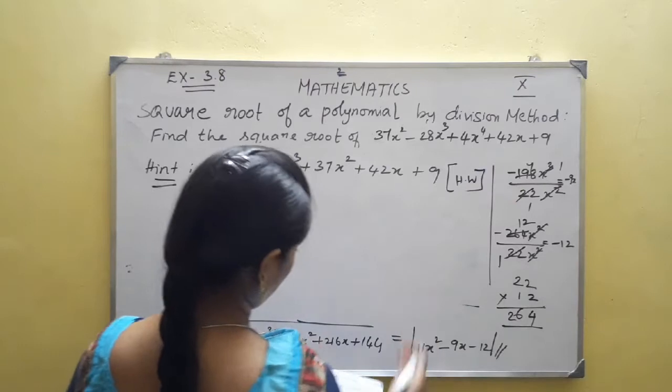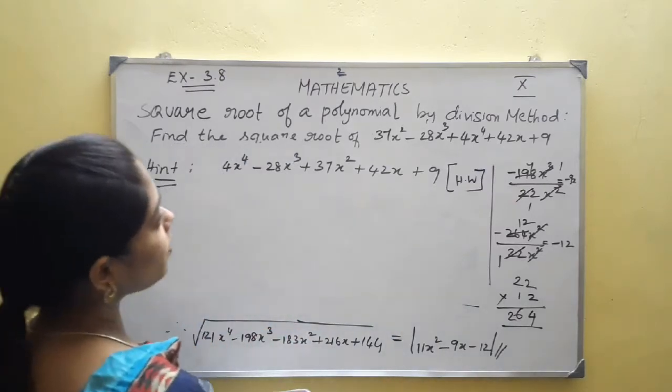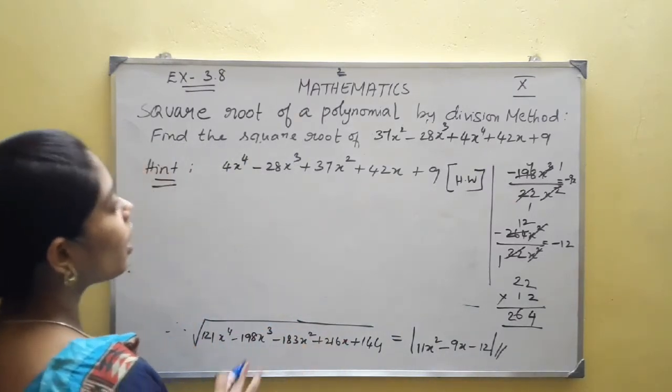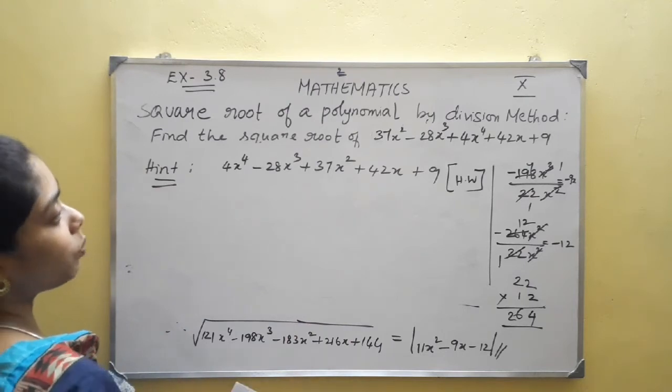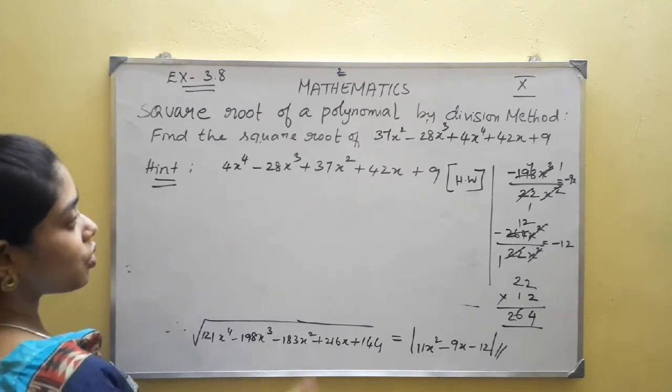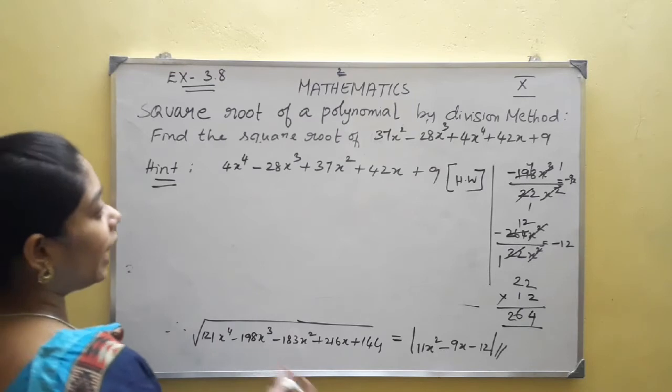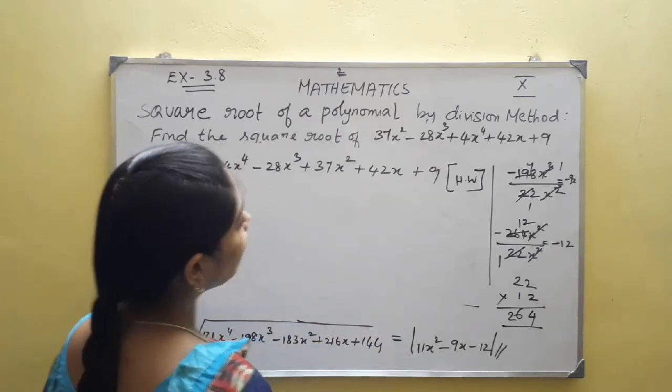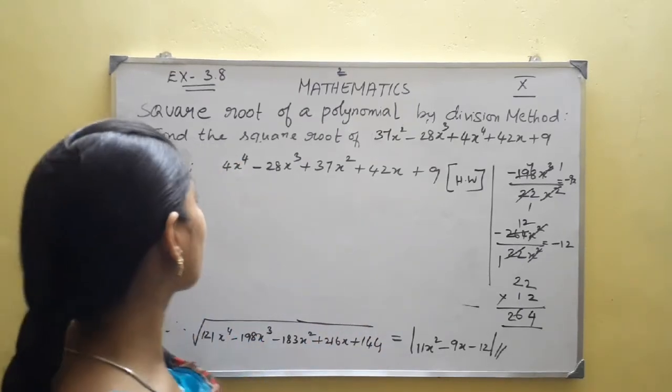This is homework. Now we're going to do problems related to the same concept, but they will tell you that the given polynomial is a perfect square. They ask you to find any unknown values in that given polynomial.